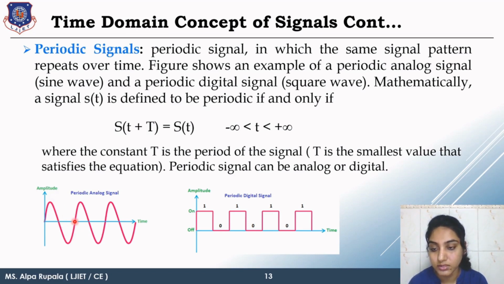Look, one signal and the same signal is repeated for a fixed interval of time again. From this point to this point is your small t, and it has the same pattern continuously. Similarly for the digital one, for a fixed interval of time, the signal repeats itself like this.